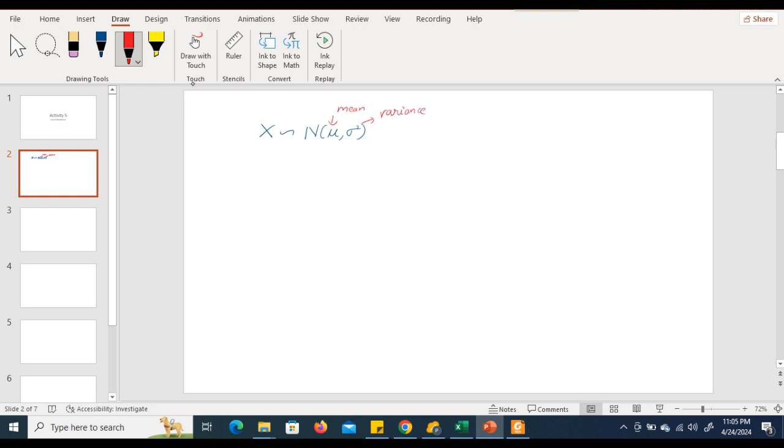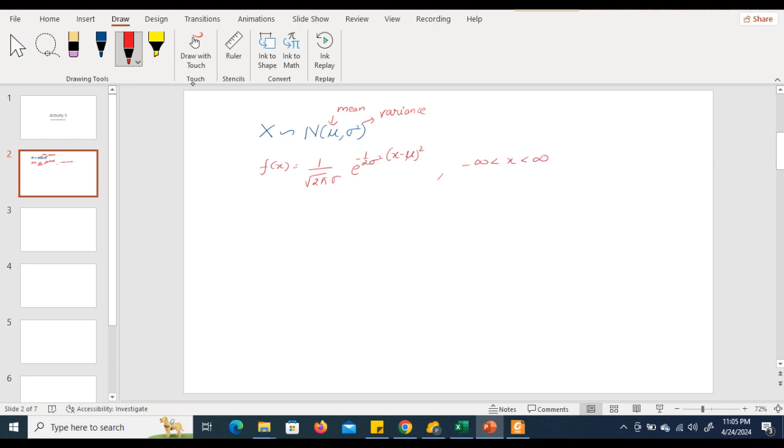In that case its probability density function f of x is given by 1 upon root 2 pi sigma, e raised to the power minus 1 upon 2 sigma square into (x minus mu) whole square, where the value of x varies from minus infinity to infinity.